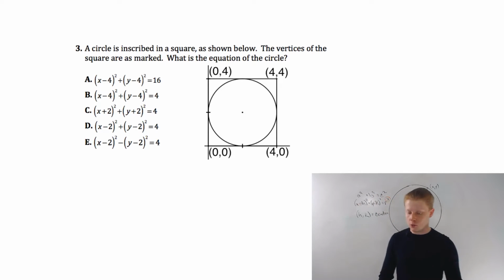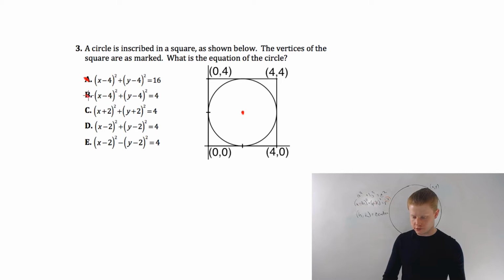Okay, so we got this square that's wrapped around the circle. The circle is inscribed in the square, and we're given 4 points, and they're asking us for the equation. Before I even get started, I could come pretty close to finishing this. In fact, I could finish it. So obviously, my center is not going to be 4, 4, right? So that's out.